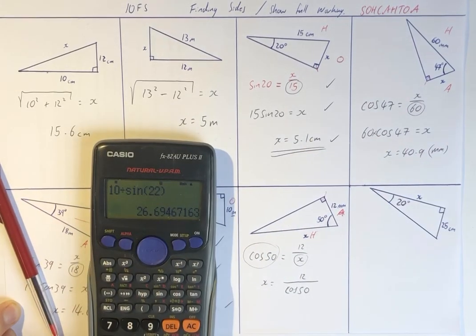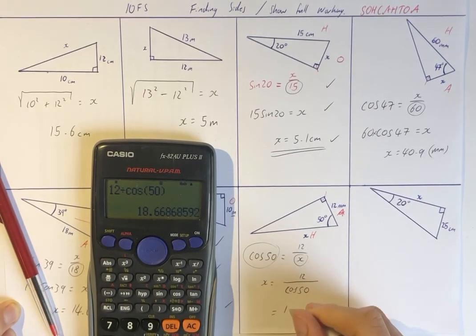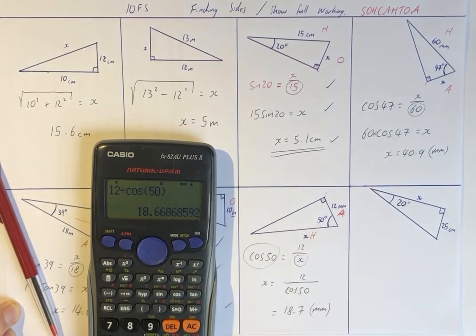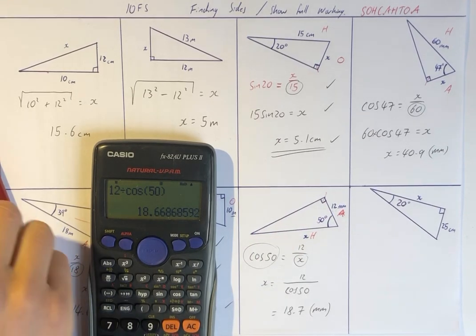Plug that in. 12 divided by cosine 50 is equal to 18.7 millimeters. Not very common to go to 1/10 of a millimeter, but it is common to answer to one more significant figure than the question states.